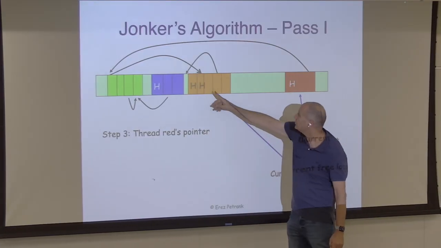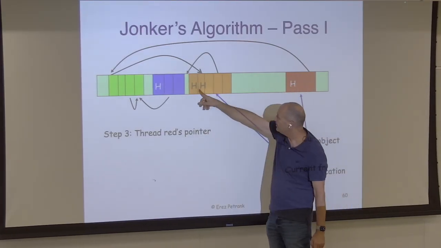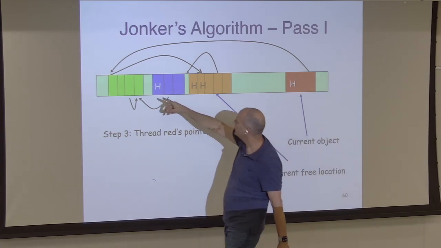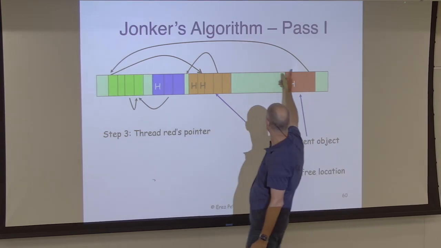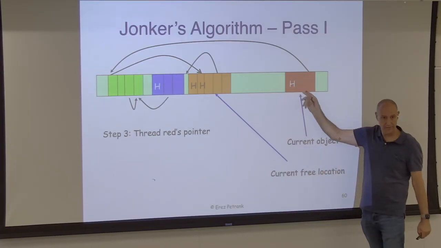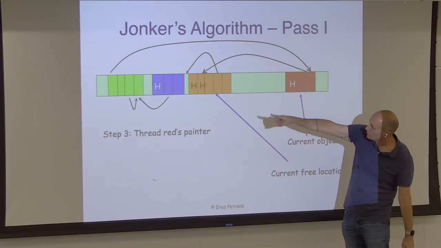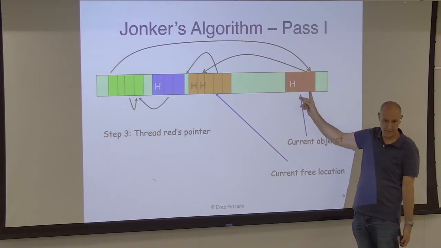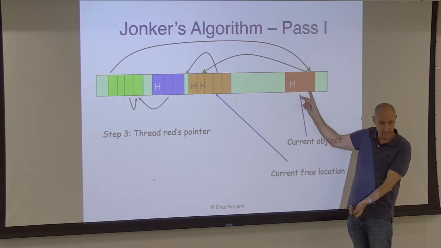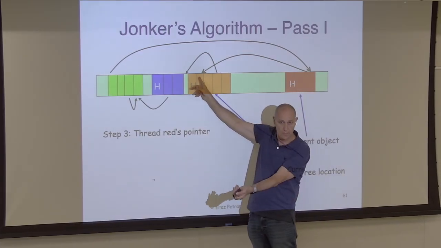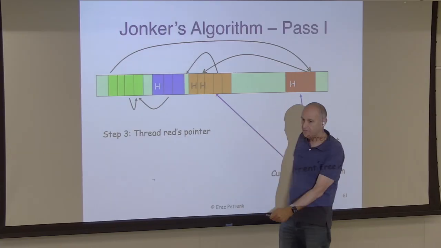So I need to put a pointer to here in the red one, and also point from here to this field. This is like threading of this pointer. So let me do this. So you see the green one now points to this as a threaded field. And this keeps what was in the green header before.